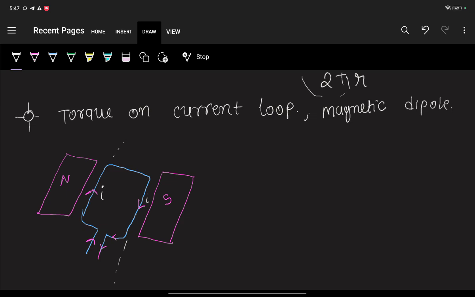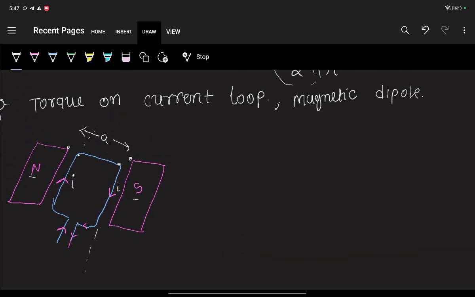Now because of the N and S there is this external magnetic field, right? Let's say the length between these two ends, or the separation between these two magnets, is a, and this length is b. Length of the loop is b.